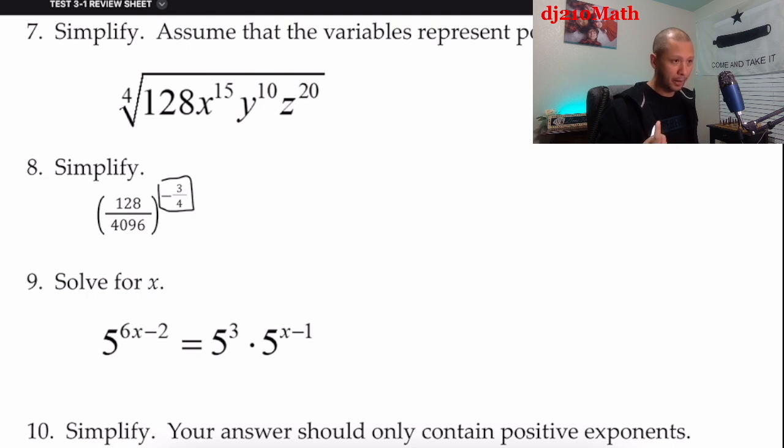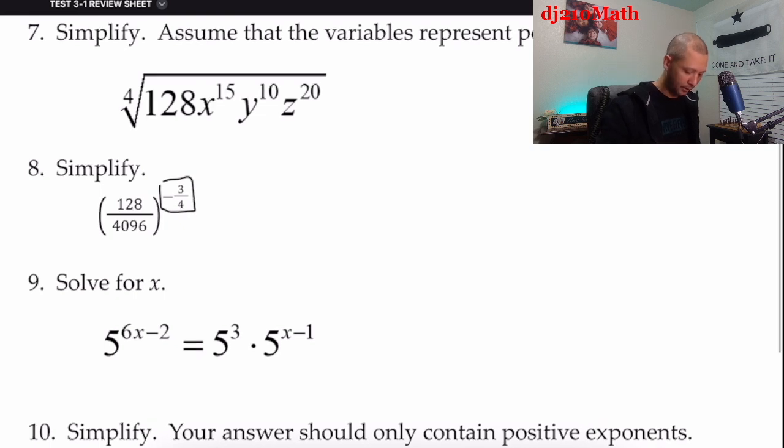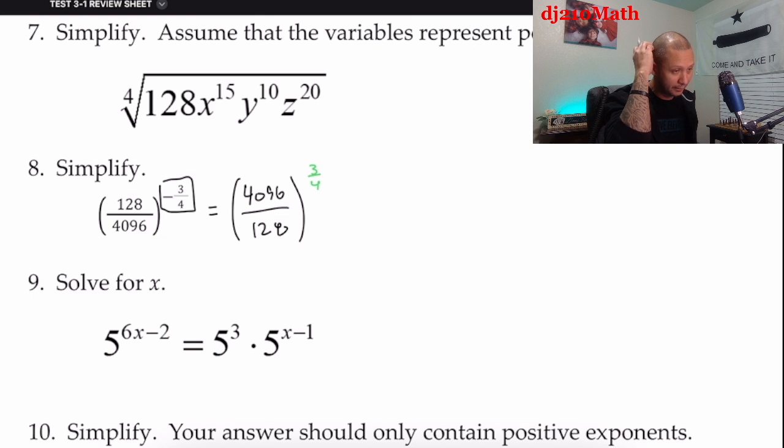So I want that to be positive first. So that means I have to reciprocate the fraction. So flip it basically. So the first rewrite step, 496 over 128. And now it's going to be positive 3/4. So it was negative 3/4. Now it's positive 3/4.